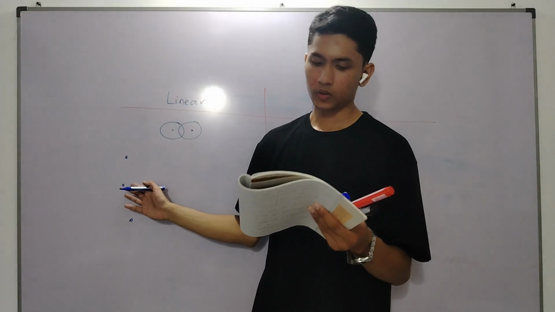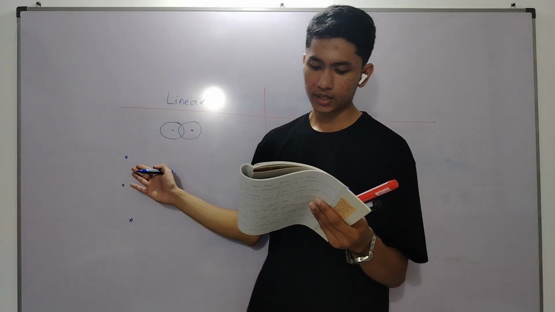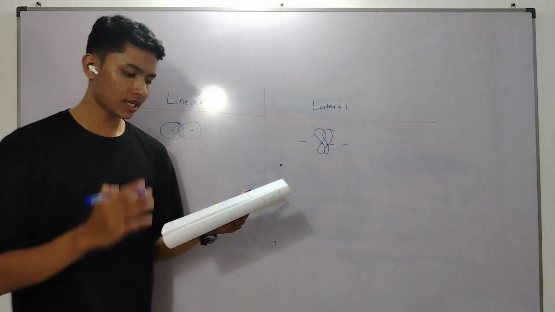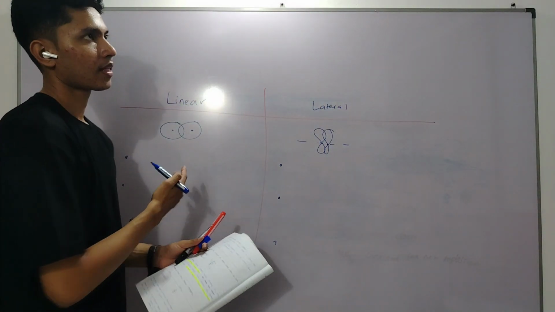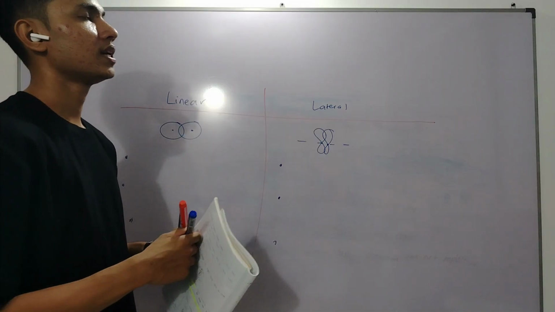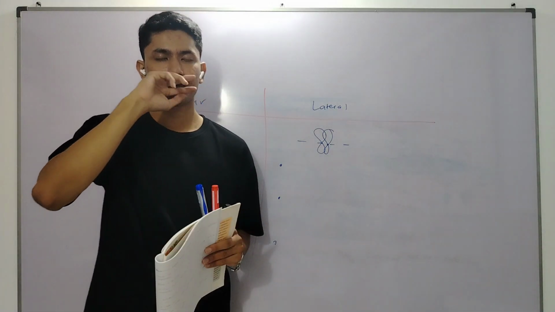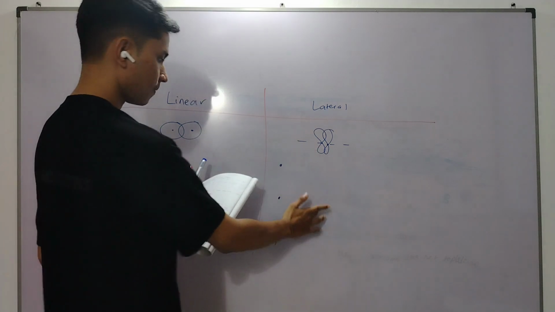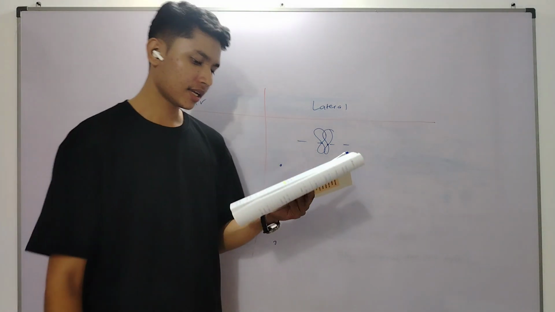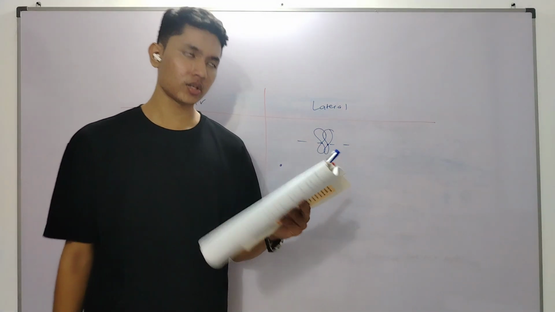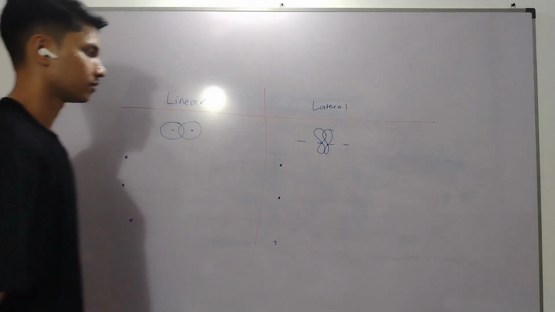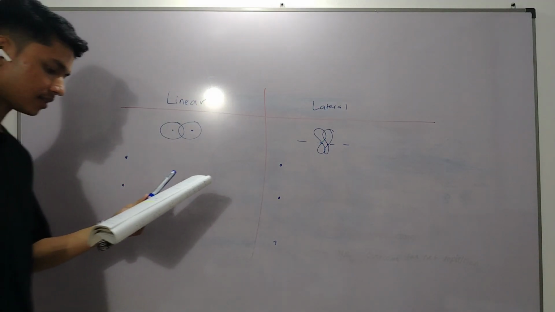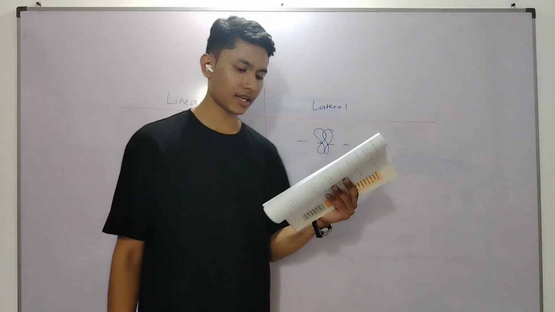Second point. Linear: the internuclear line lies on the electron density highest area. Lateral: the electron density highest areas are present on either side of the internuclear line.